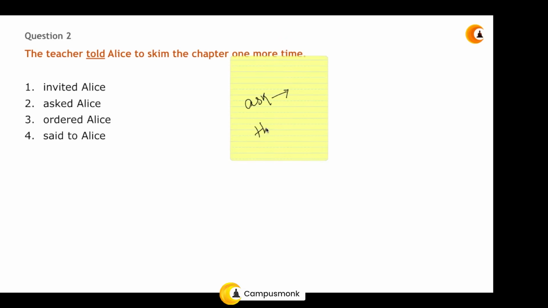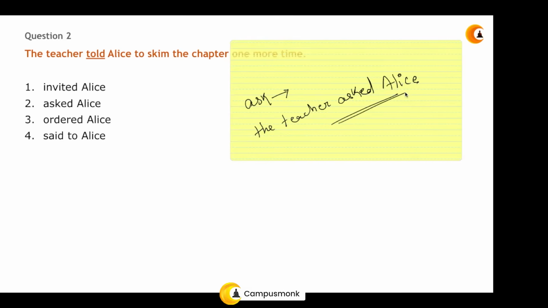The teacher asked Alice. Now whether Alice will skim through the chapter once more or not, that depends upon Alice. What can the teacher do? The teacher can request Alice, will say, please Alice, skim through the chapter one more time. Okay, so what is the teacher doing? The teacher is asking Alice to please go through the chapter one more time.